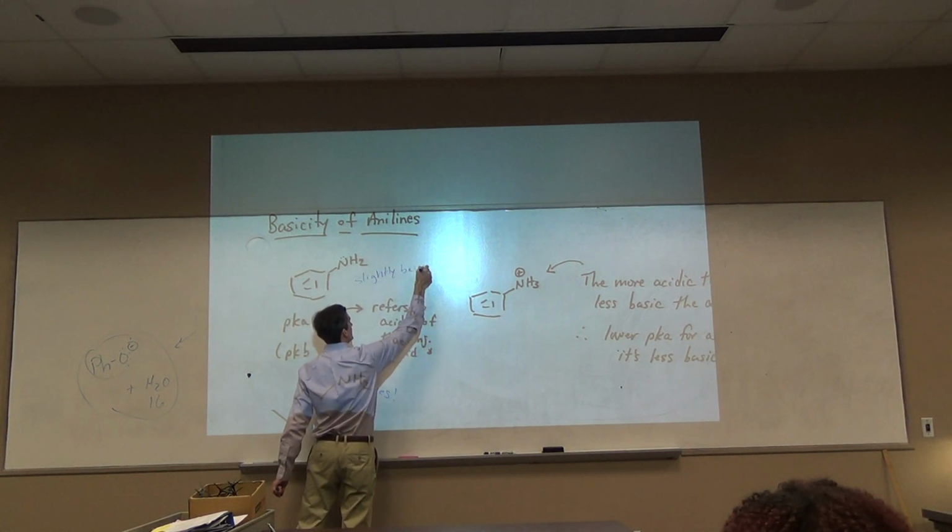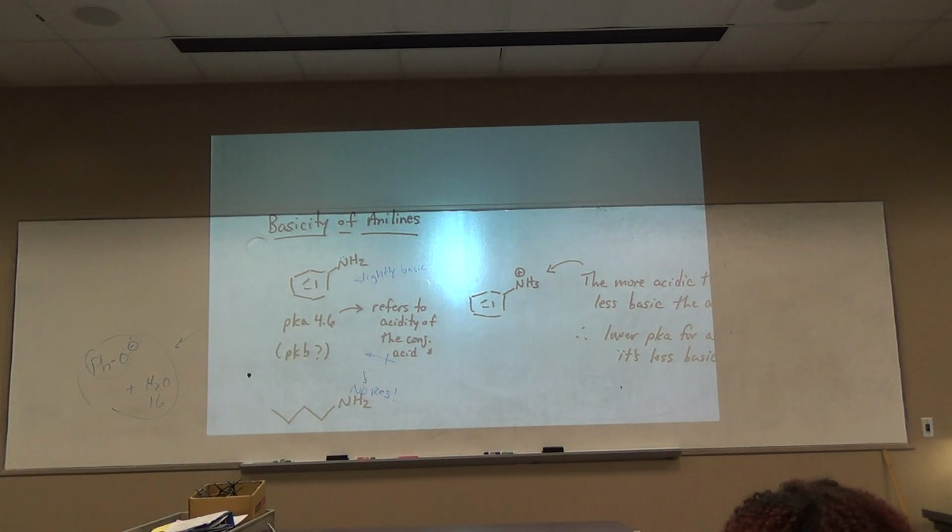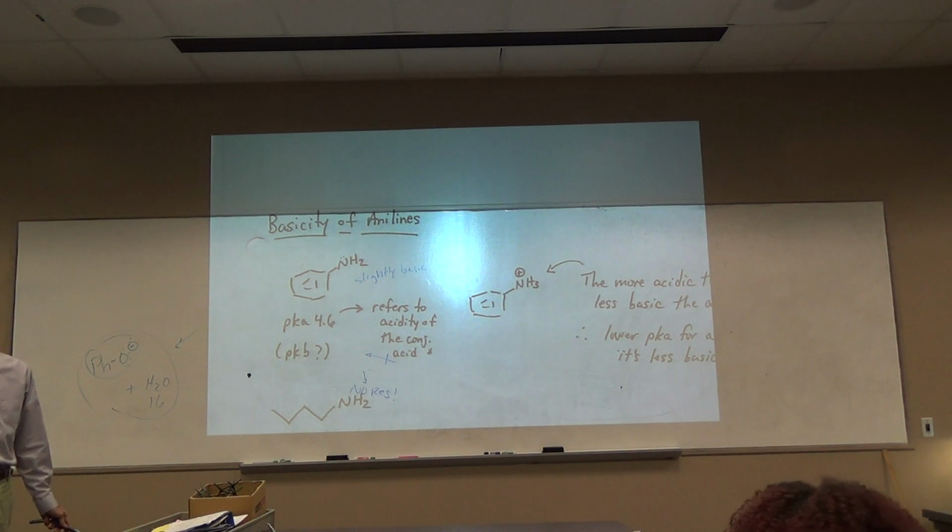Why is it only slightly basic? Because the lone pair is conjugated. If the lone pair was not conjugated, it would be a base. Amines are bases. It's only slightly basic because it's conjugated. Now in organic 1, we said if the lone pair is conjugated, it would be non-basic. And that's usually true. I told you there's a couple of exceptions.